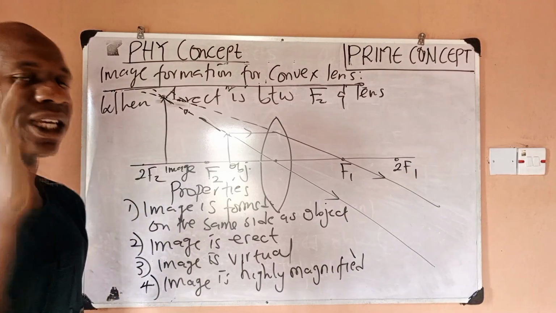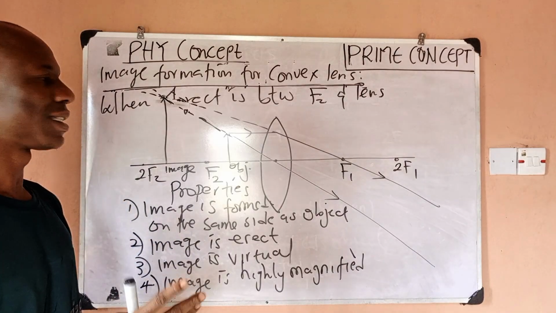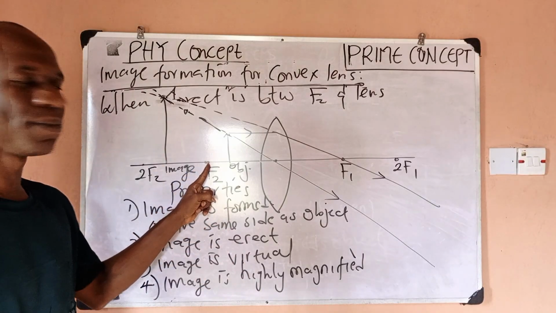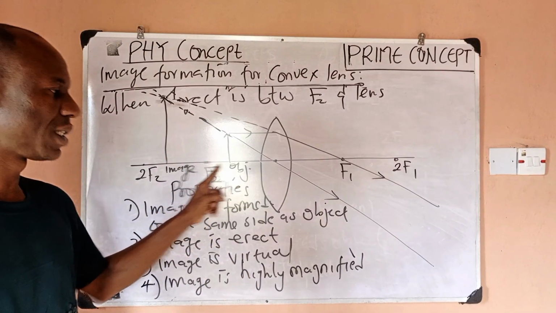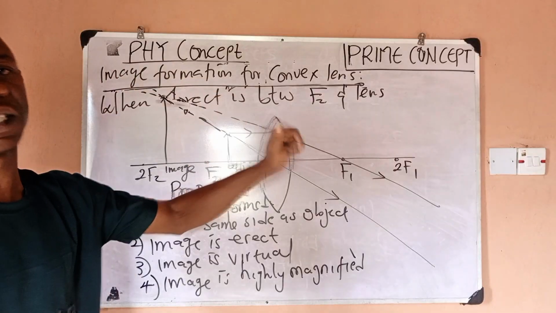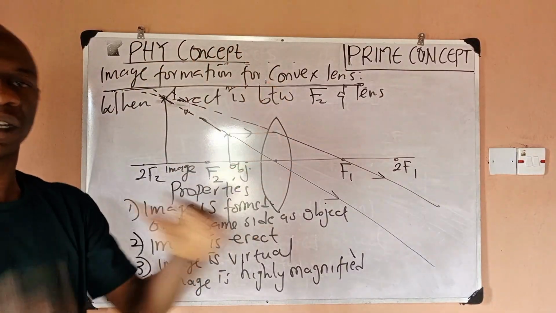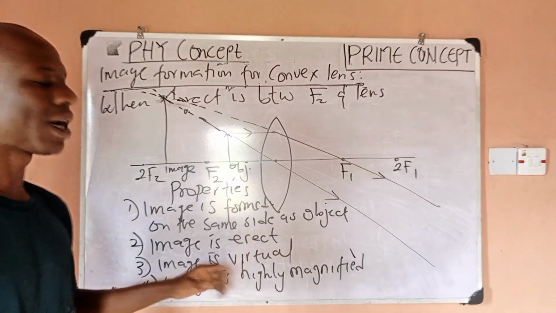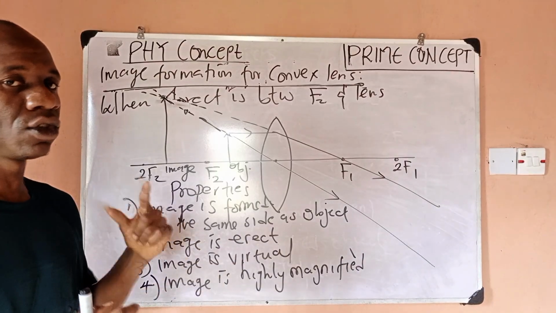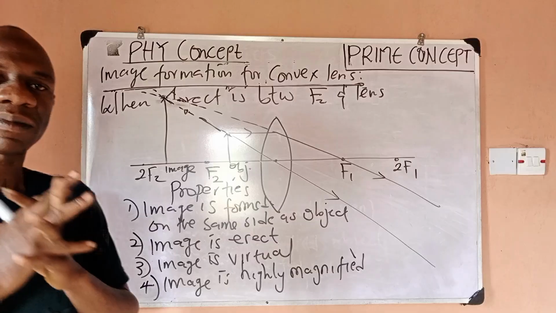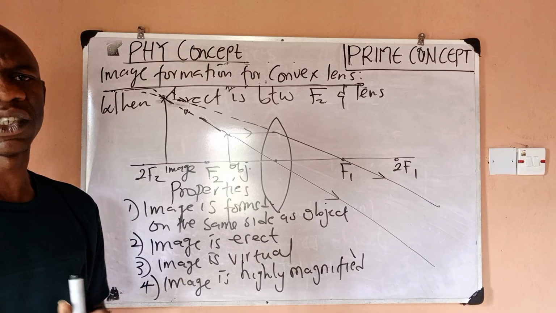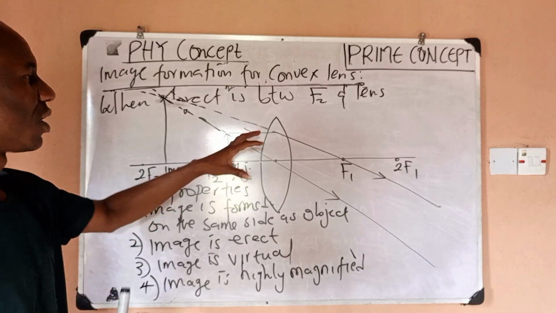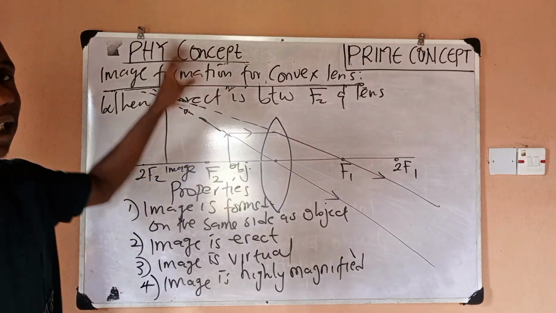The only case where the convex lens gives you a virtual image is when your object is between your focal point and your lens. This is the only case. Every other case you get a real image, but under this case you get a virtual image. So this point is worth noting. And secondly, every other position of your object gives you an inverted image. This is the only condition that gives you an erect image.